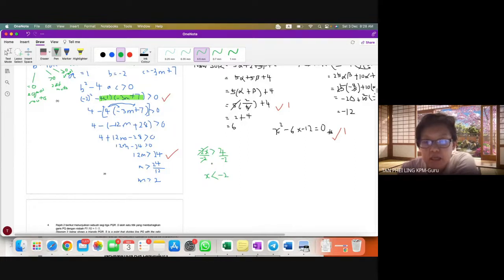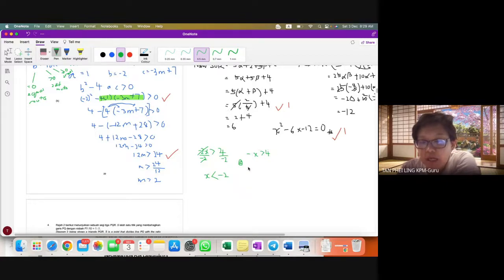Do you get me? Or you can think of it this way. If you have minus 2x bigger than 4, then in order to get rid of negative 2, you must divide by negative only. Another question that I can give you is, let's say, minus x bigger than 4. Then you want to get rid of this minus 1x.